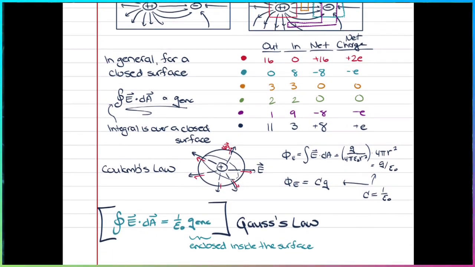This is saying something very powerful because I can look at the surface of some volume, which could be really far away from the enclosed charge. It could have nothing to do with the charges. In this Coulomb's law example, I drew a sphere, but I could have drawn a box around it. Some of the electric field lines are going to go through different sides of the box.